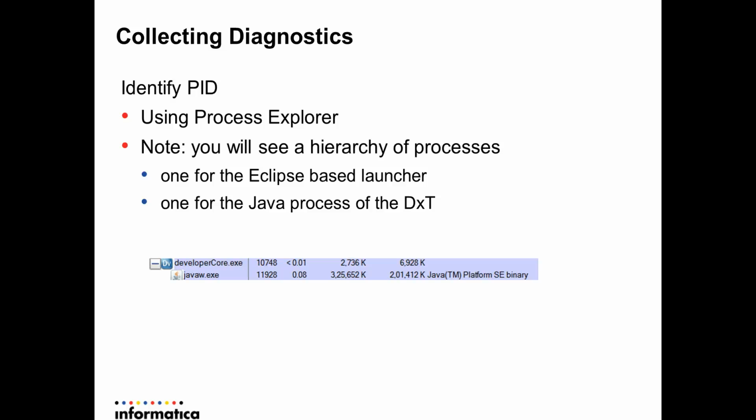For example, in the snapshot shown, there are two processes here, one with PID 10748, which is actually for the Eclipse-based launcher. Another one is 11928, which is the PID for the associated Java process.